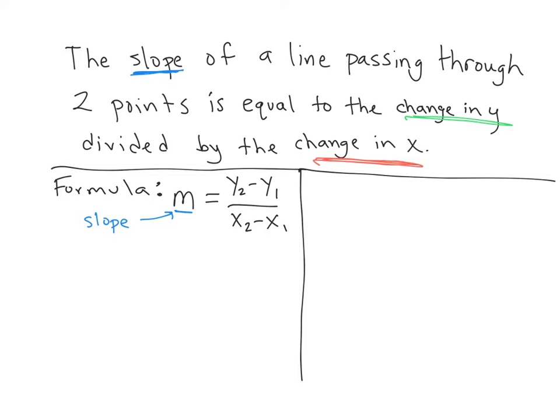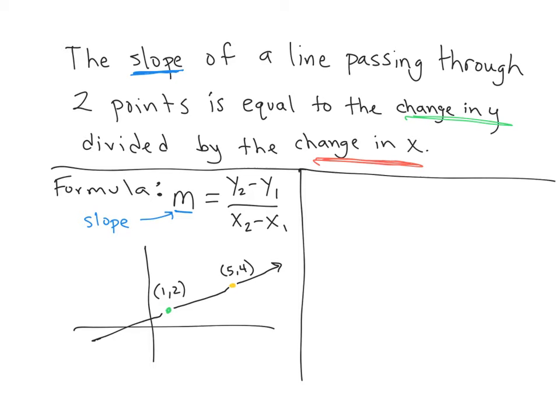Now, the x2 and y2 and all of those values are going to come from our 2 points. So if we have a line going through 2 points here, let's have the green one and the yellow one, and let's say that the green one is at the point (1, 2), and the yellow one is at the point (5, 4).